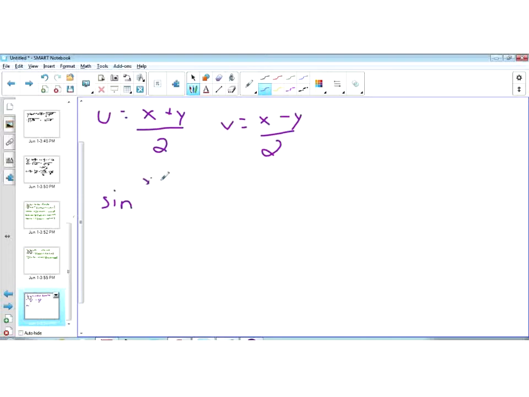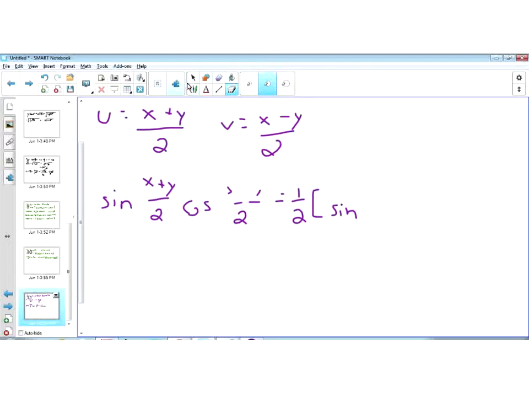the sine of x plus y over 2 times the cosine of x minus y over 2. Okay, so we have a product that would equal 1/2 times the sine of the sum. I'm sorry, let's make that the cosine of x minus y.